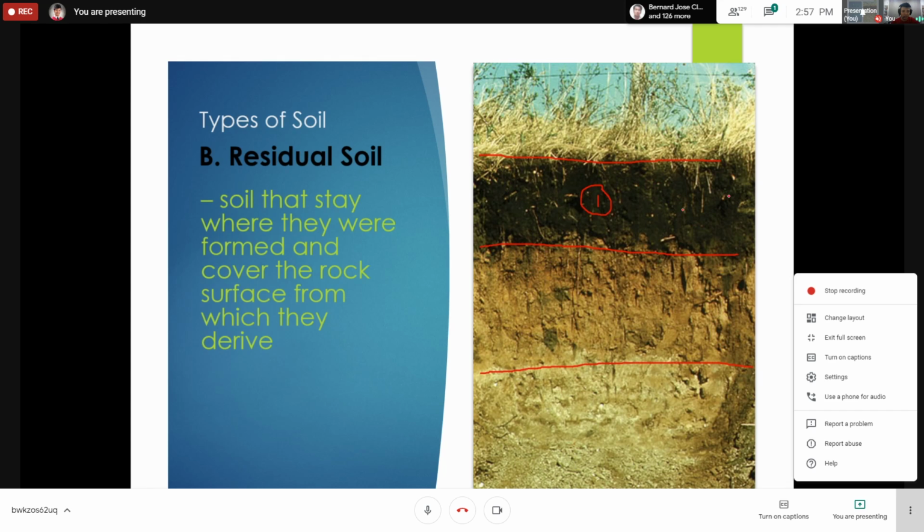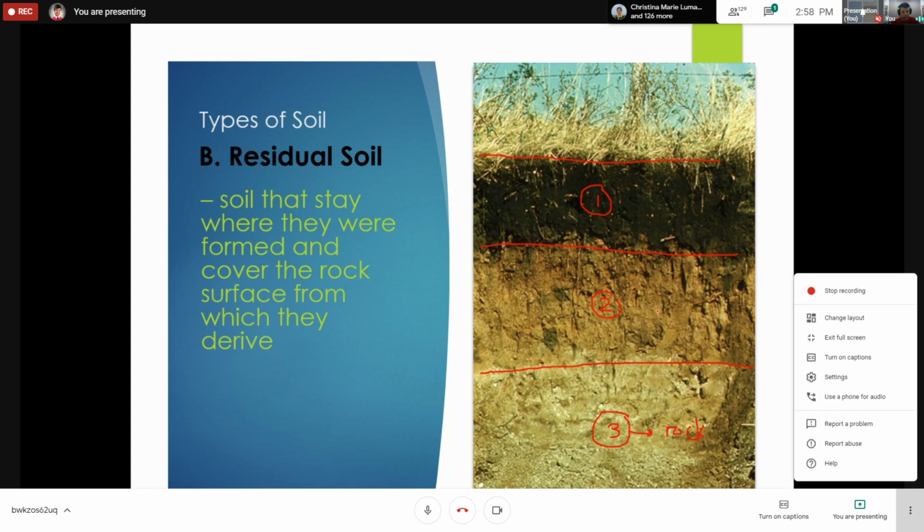If you can see the change in color, probably the first layer is a bit more saturated or contains more water content than the second layer. And then the third layer is the rock from which the first two layers of soil derive. So the third layer is the rock.